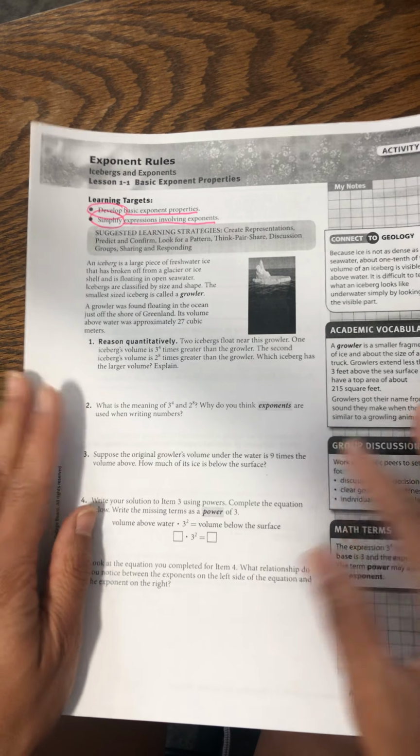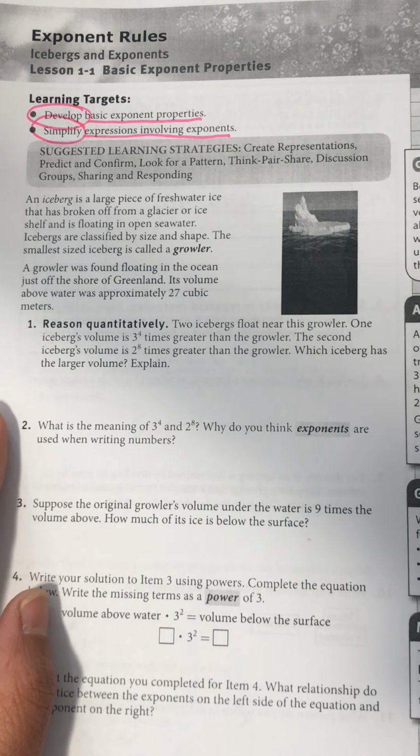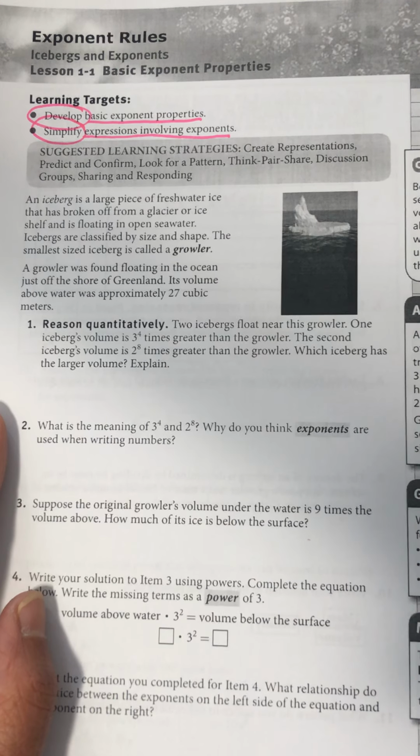Okay, so we have this very first problem. It says an iceberg is a large piece of freshwater ice that has broken off from a glacier or ice shelf and is floating in open seawater. Icebergs are classified by size and shape. The smallest sized iceberg is called a growler. I wonder if that's because it makes growling noises when it's in the ocean. I don't know.